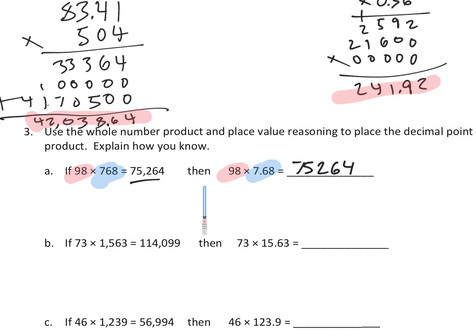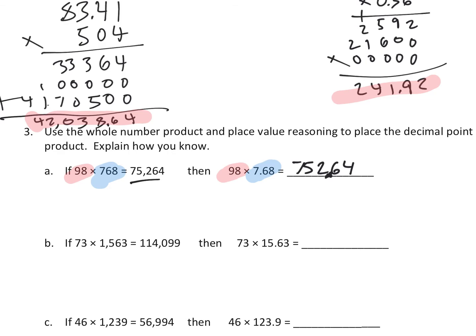So I'm going to take this number right here, and I'm going to divide it by 100, and that would move my decimal right here, right? Because it would start, here's my decimal, to the left 1, 2 times. Right, so we'd have 752 and 64 hundredths.